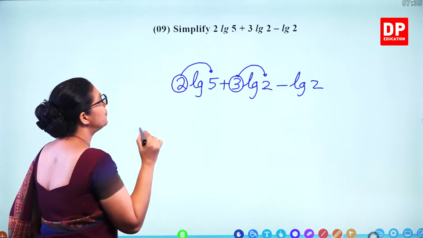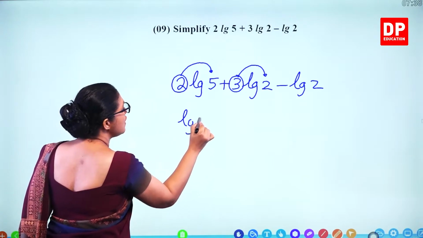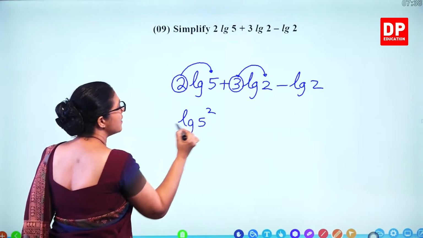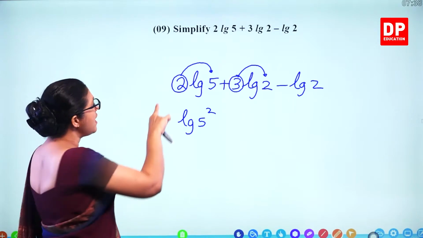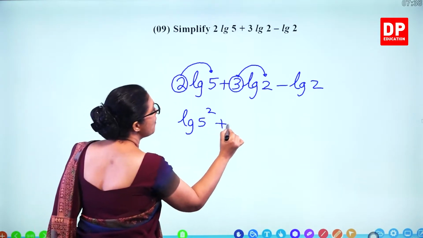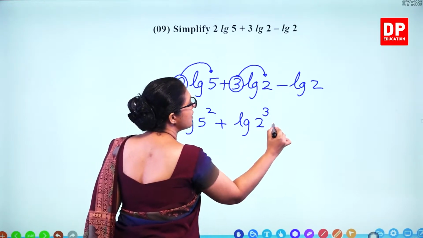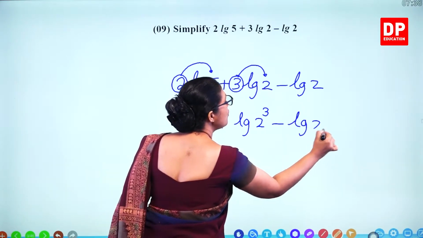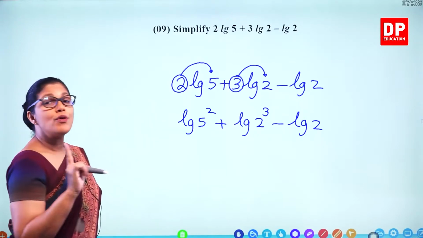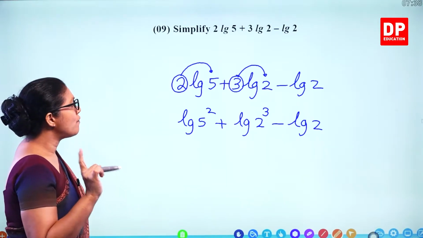So what you do? You can write Lg5 squared when you take 2 inside the logarithm. So what about this one? Lg 2 to the power 3. This one you can write as it is. Now you can apply laws of logarithms.